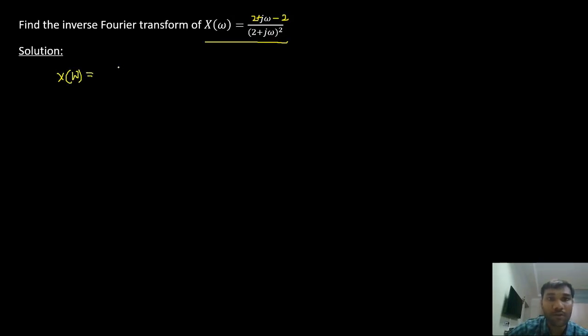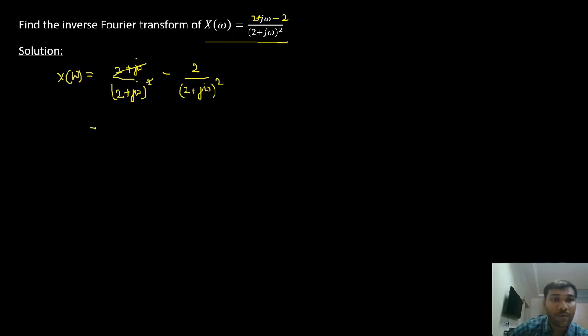X of omega is equal to (2 plus j omega) by (2 plus j omega) whole square plus or minus 2 by (2 plus j omega) whole square, right? Just cancel.